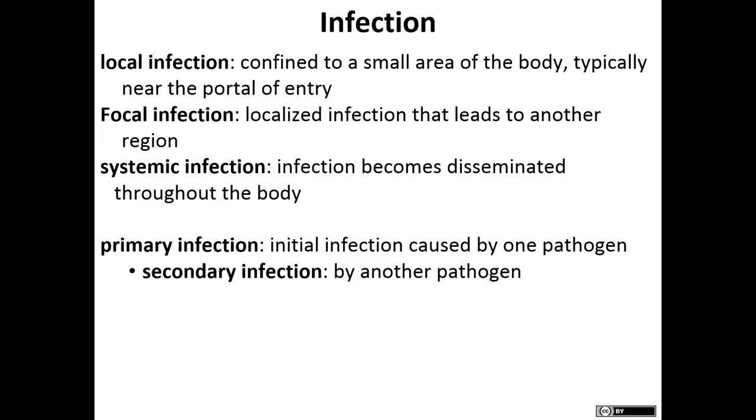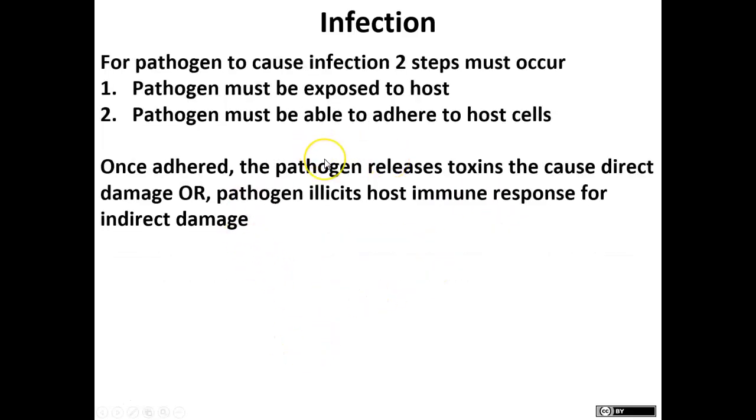Primary infection, we talked about, is what caused the actual sickness initially. Secondary infection is often caused by another pathogen that is utilizing the fact that you are already immunocompromised to cause infection. So it's normally not going to be an infectious agent in a normal case.